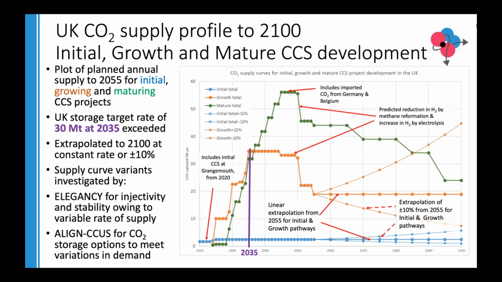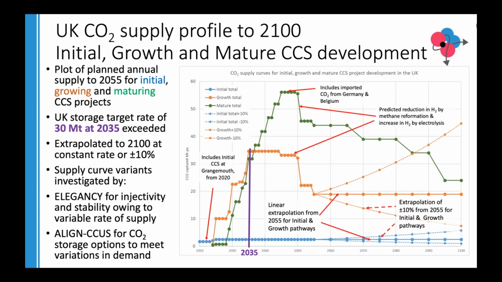You'll also notice that we've put some limited sensitivities on this, particularly from around 2055, when many of the scenarios that we were reviewing kind of finished at that point. As I say, in the absence of any other information, we took a fairly flat, conservative, linear extrapolation to 2100. The reason for that was because we felt it would be difficult to imagine a situation where CCS was stopped completely in around 2050.